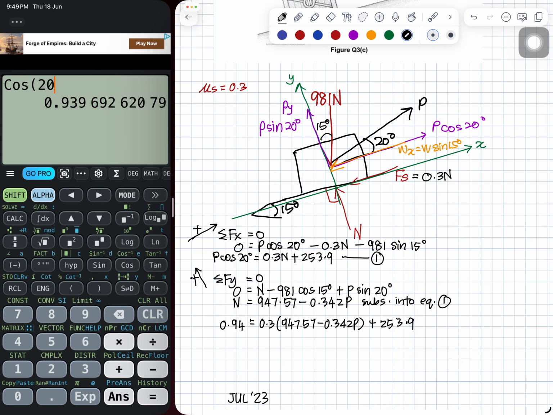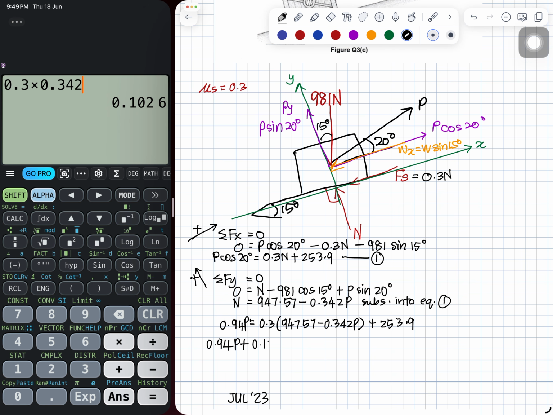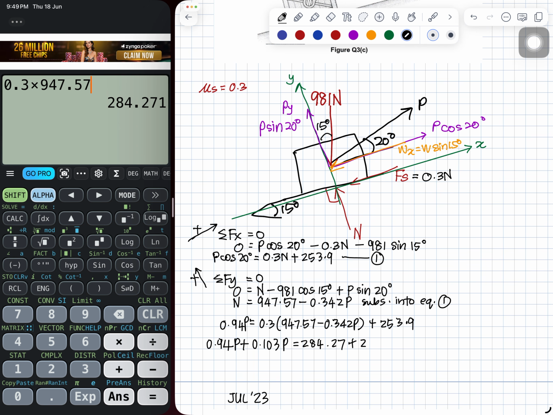So this 0.94 P plus 0.3 times 0.342 P, which is 0.103 P, equals 0.3 times 947.57, which is 284.27, plus 253.9.